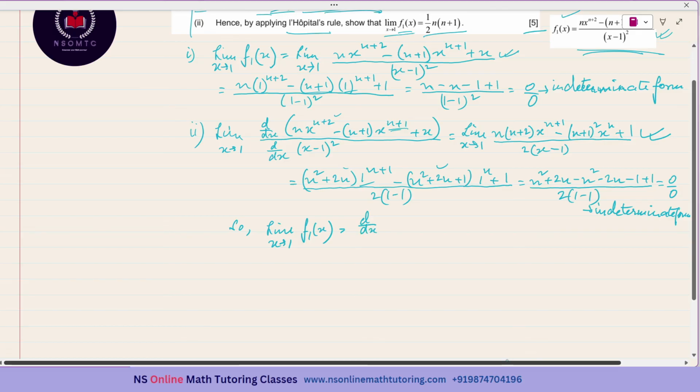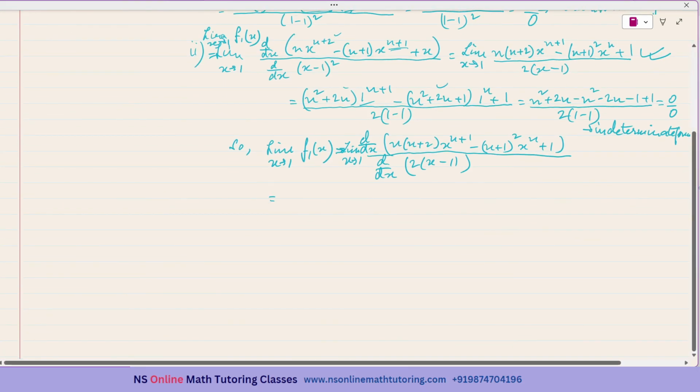This is also equal to limit x tends to 1, f1 of x is equal to this. d dx of, limit x tends to 1, I have to write it over here also, d dx of n times n plus 2 and x to the power of n plus 1 minus n plus 1 whole square, x to the power of n plus 1 over d dx of 2 times x minus 1. Okay.